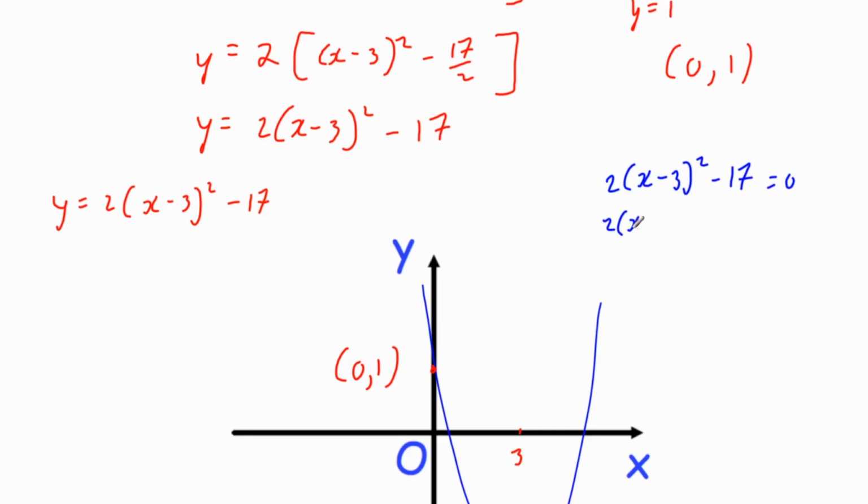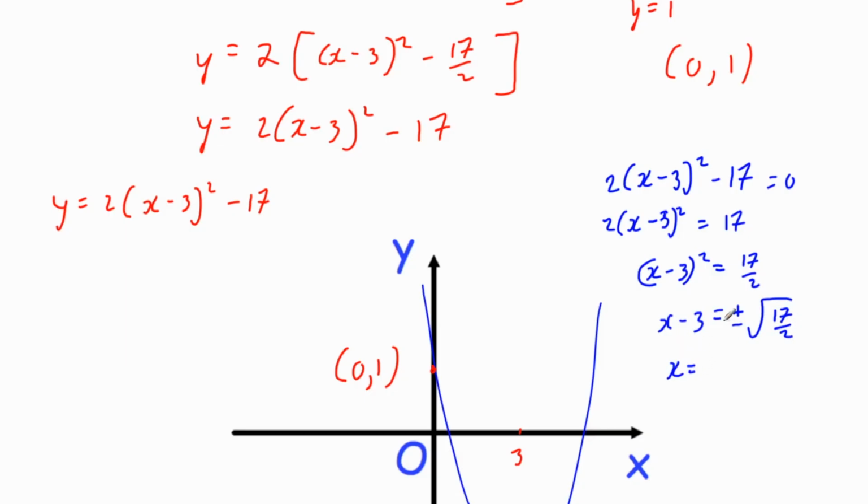So we get 2 bracket x minus 3 close bracket squared equals 17. Divide both sides of the equation by 2, so we get x minus 3 close bracket squared equals 17 over 2. So that means that x minus 3 is equal to plus or minus the square root of 17 over 2. And then we just need to add 3 to both sides.